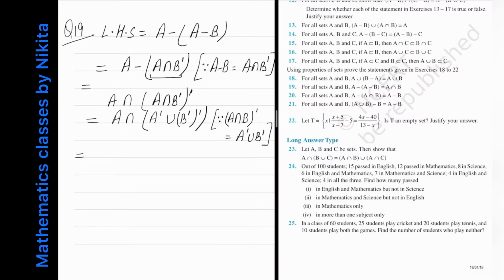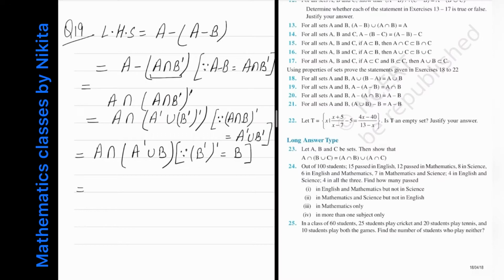Now this is equal to A intersection (A complement union B). Why? Because B complement complement is equal to B.